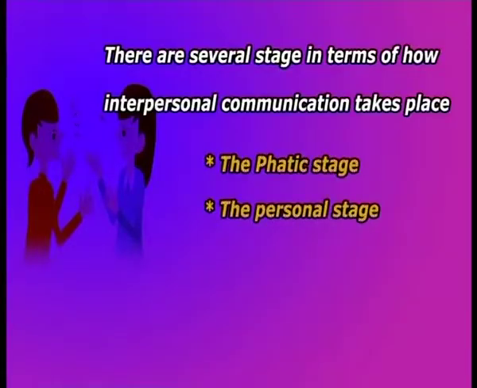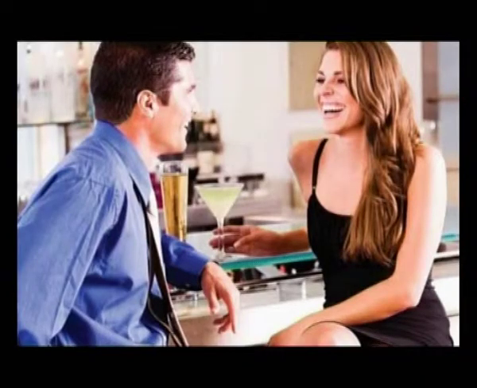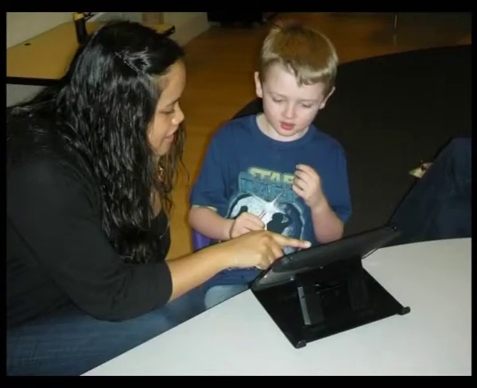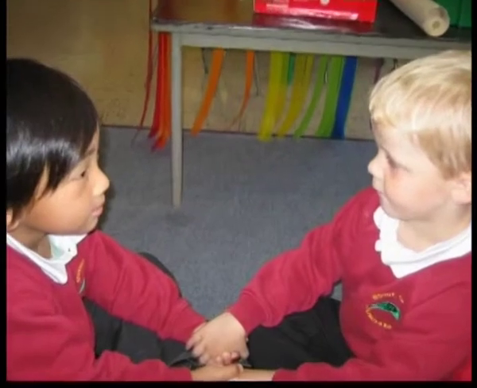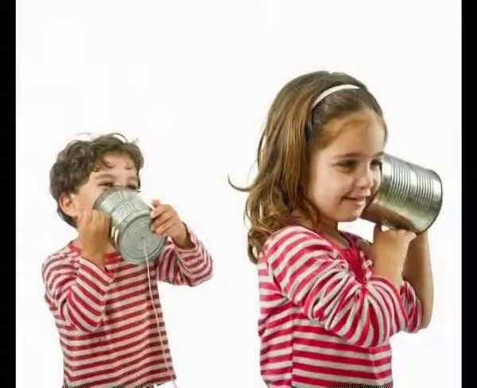The second stage of interpersonal communication is the personal stage. The personal stage introduces a more personal element into conversation. We enter into a dialogue, and by entering into a dialogue, we exchange some information. And then there is the intimate stage. This stage is reserved for friends and relatives, with the degree of intimacy depending upon the closeness of the relationship.